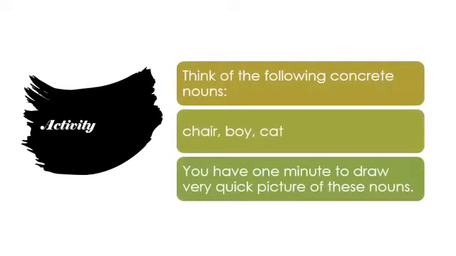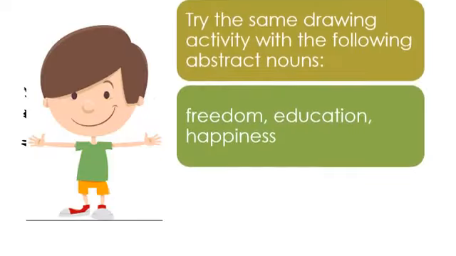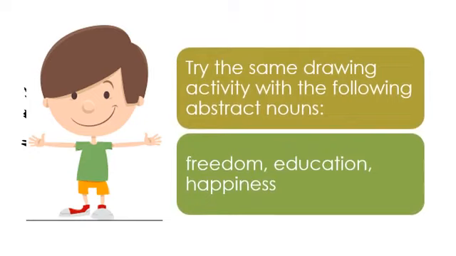Here is an activity. Think of the following concrete nouns: table, chair, cat. You have 1 minute to draw very quickly a picture of these nouns. Now try the same drawing activity with the following abstract nouns: freedom, education, and happiness. We can easily draw concrete nouns because of their shape and physical appearance, but we cannot draw abstract nouns.